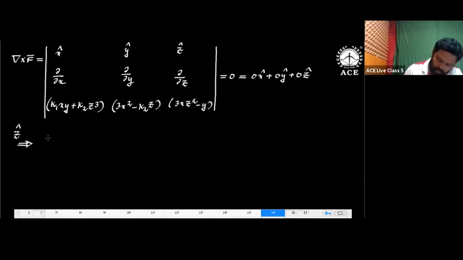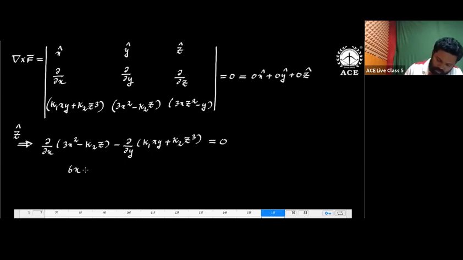So without wasting our time, I'll equate the Z components on both sides. What is the Z component on the left side? ∂/∂x of (3x² minus K2·z) minus ∂/∂y of (K1·xy plus K2·z³) is equal to 0.